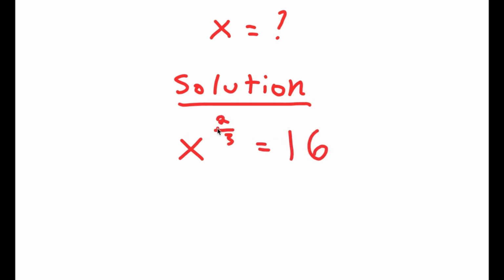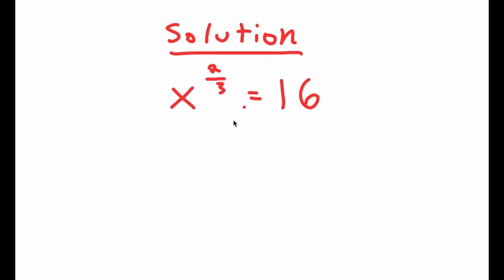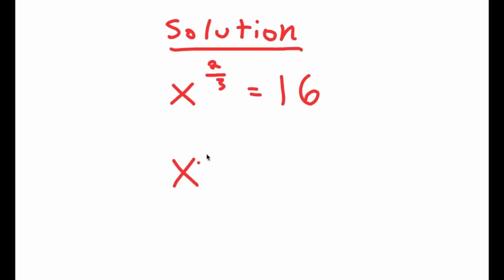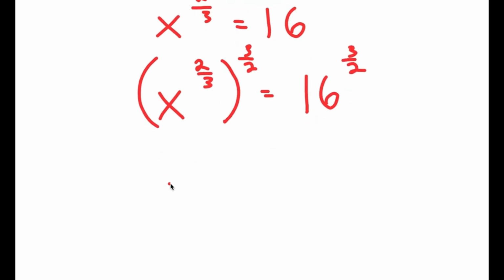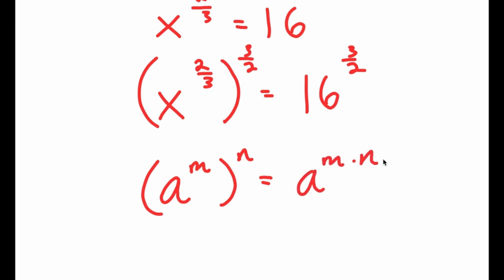And what I'm first going to do is take the power of 3 over 2 on both sides. So now I have x to the power of 2 over 3 to the power of 3 over 2 is equal to 16 to the power of 3 over 2. And now if I have something in the form a to the power of m to the power of n, this is equal to a to the power of m times n.